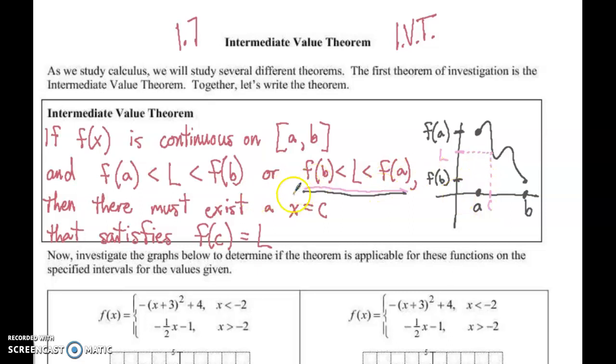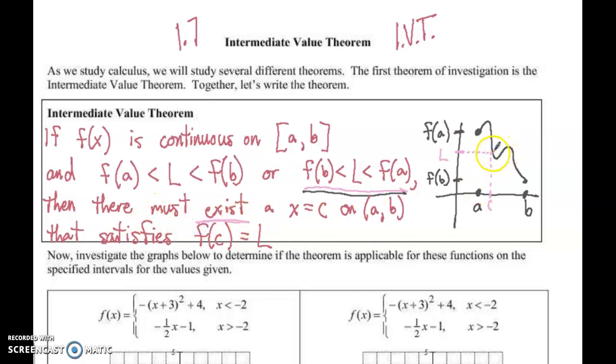I knew I was missing something from my definition, that the c value must be between A and B. Then there must exist a value for c that equals x on the open interval. So c needs to be between A and B in order for this to be the intermediate value theorem. Now, notice that I said there must exist.